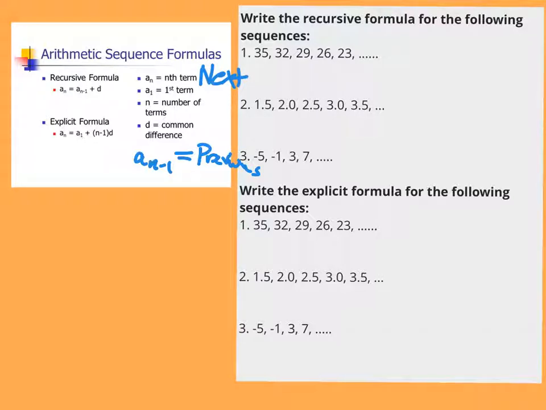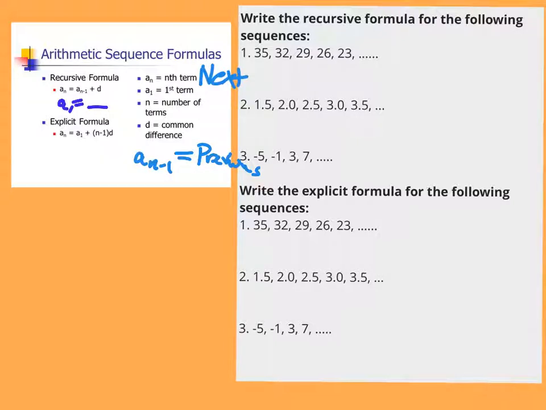The recursive formula here shows how to find the next term. One part that's missing here is that all recursive formulas should have the starting term. So you should also include a sub 1 equals and whatever that is. So let's apply that recursive formula to the sequences we have off to the right here.